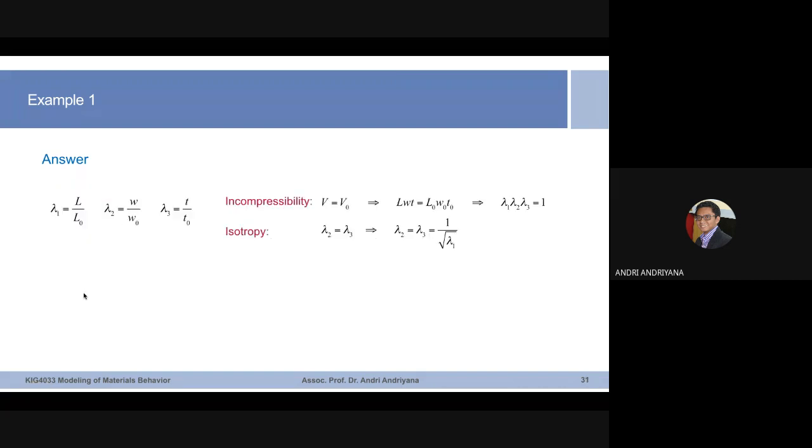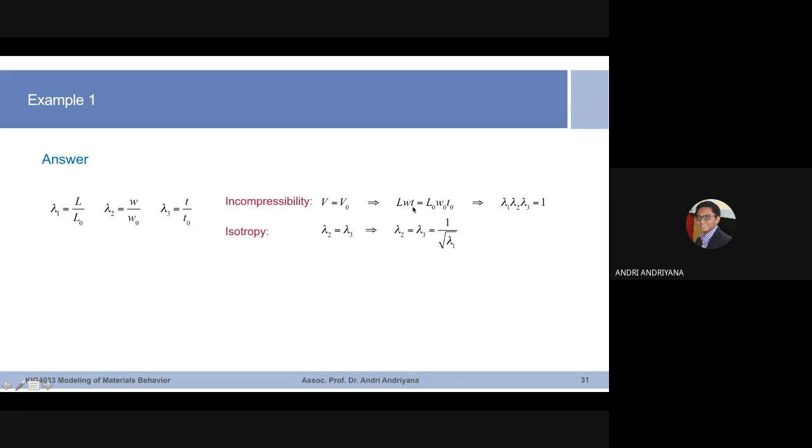So how to do that? First, we look at incompressibility and isotropy. Incompressibility means that the volume remains constant during deformation. So V equal to V0. Deformed volume equal to initial volume. Okay. And then what is the deformed volume? It is simply LWT.